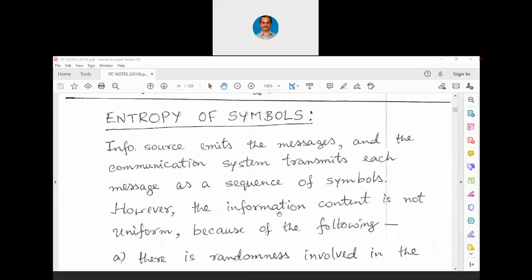In addition, we want variable length coding. We don't want fixed length coding, because then unnecessarily we are going to send a lot of data. So when we have variable length coding, naturally the information content is non-uniform. There are other reasons why the information content is not uniform. Let us see them one by one.